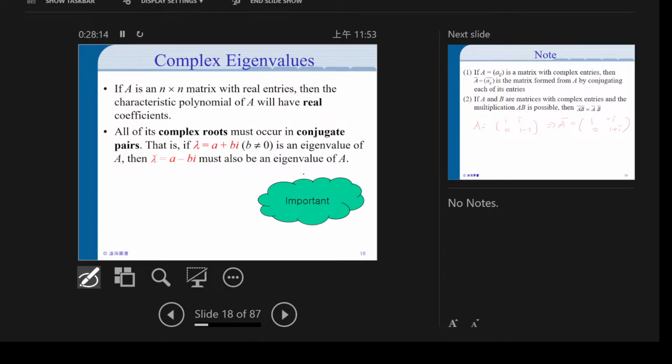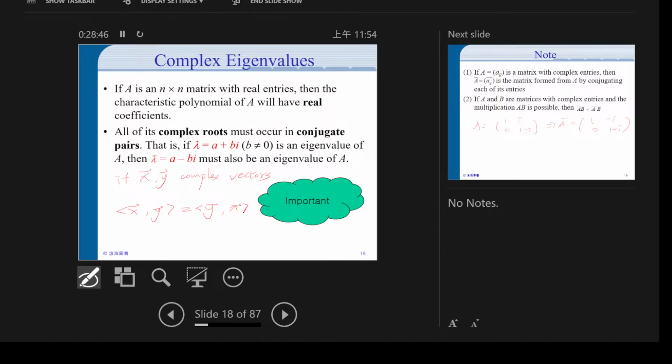Okay, and just a bit of a reminder: if x and y are complex vectors, then the inner product of x with y is not equal to the inner product of y with x.